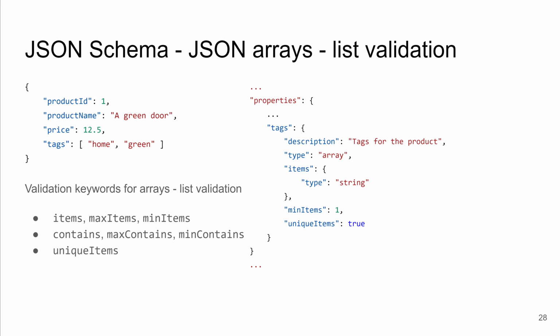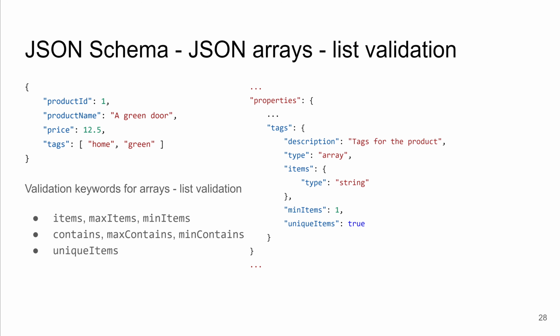When talking about list validation, we already used items and min items. We can also specify a maximum number of items, and we talked about unique items. In addition to this, we may say that this array contains some items which are valid against a certain schema, and again we might add constraints on how many of those items need to be there in the array.